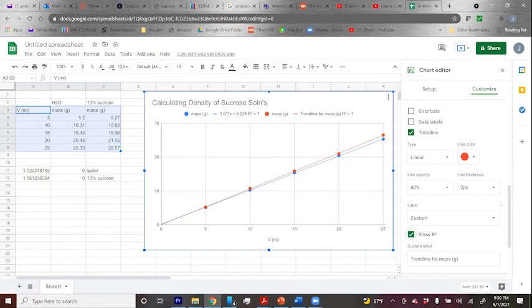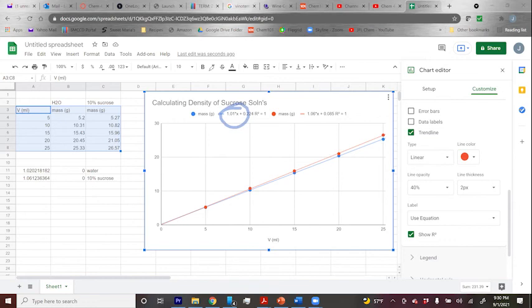I'm also a professional, so that's going to happen. Oh, I also want to see the equation. Right, so the slope of this line is the density of the water in grams per mil. The slope of this line is the density in grams per mil of the 10% sucrose solution.